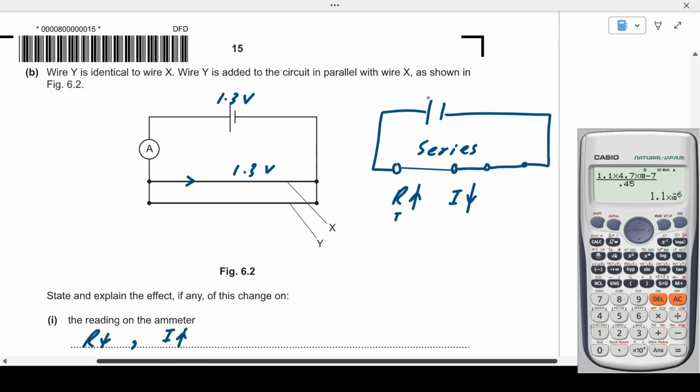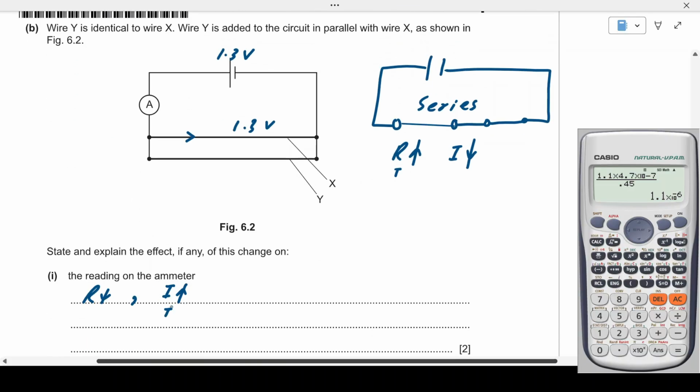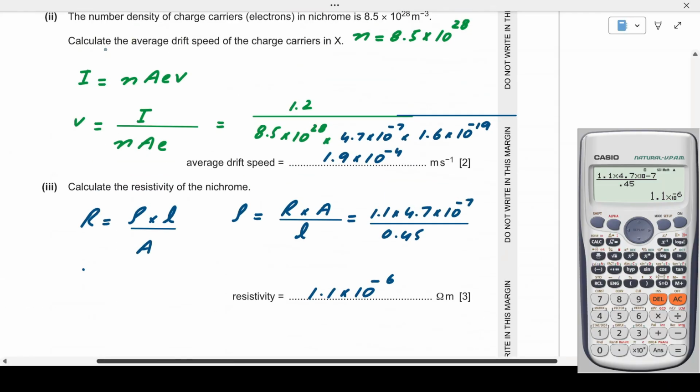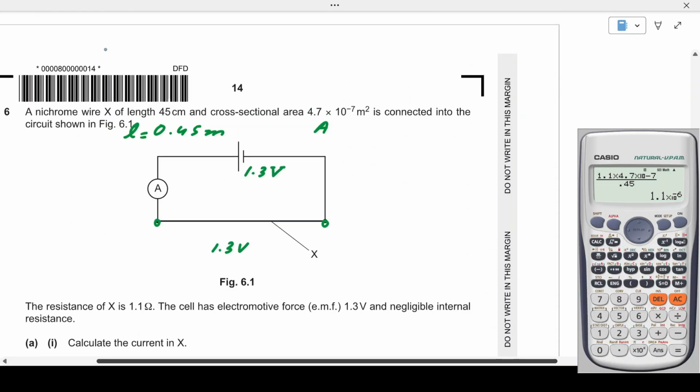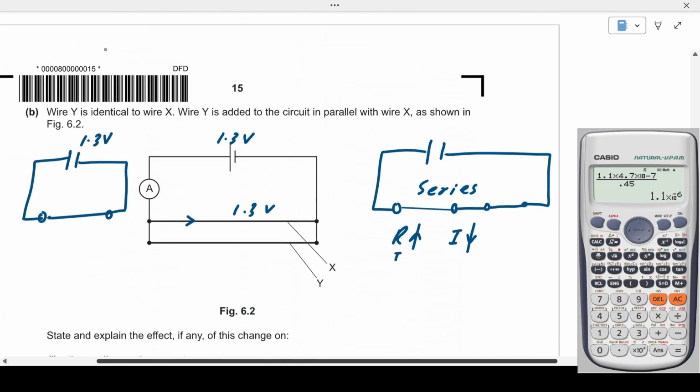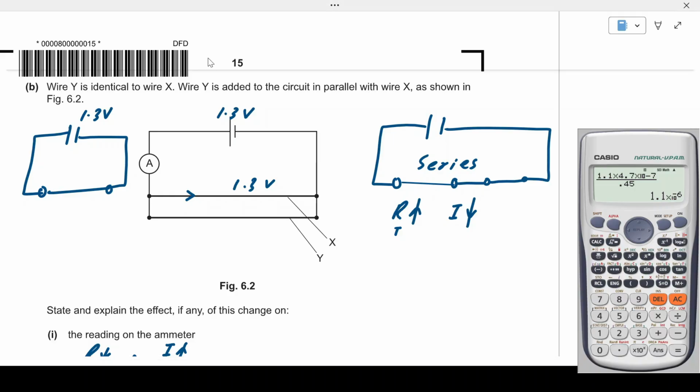So what I told initially about the currents was the current will increase. I said the total current will increase. So the same current will flow through the X. Think about it this way. Once you were having a single wire, how much current was flowing? Current was 1.2 amperes. So initially, through the wire X, 1.2 amperes were flowing.